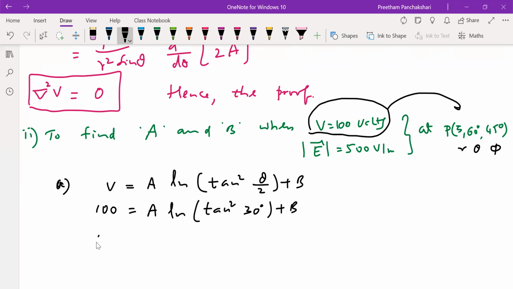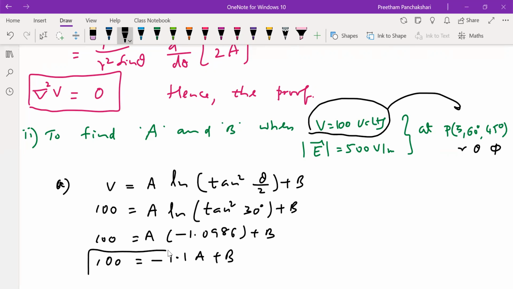So 100 is equal to, so the ln of tan square 30 is given by minus 1.0986 plus B. So this value can be rounded off to minus 1.1 plus B if needed.